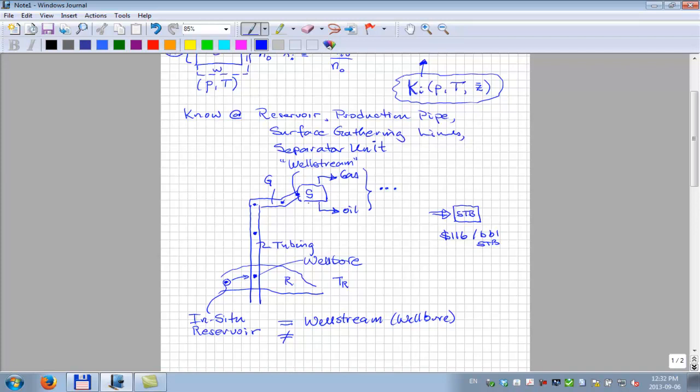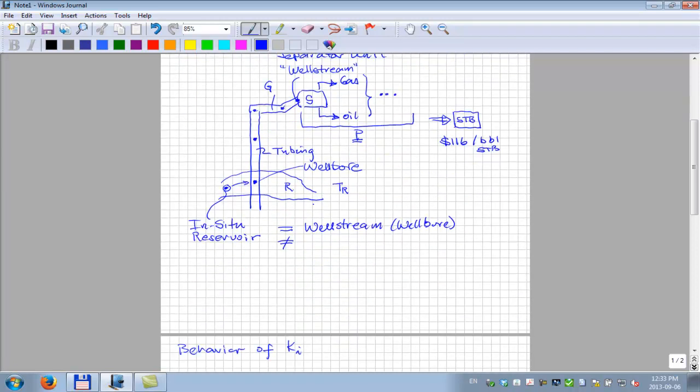But what we can control basically is all of this surface process, which I'll refer to as capital P, and we'll talk some about that in the second hour. In that surface processing we can control pressure and temperature, maybe, okay? And we try to do that to keep as many of the components as possible in the ultimate stock tank oil. Now generally that's not our job as petroleum engineers. It's the chemical engineering, process engineering job. Okay, but that's what they're doing.